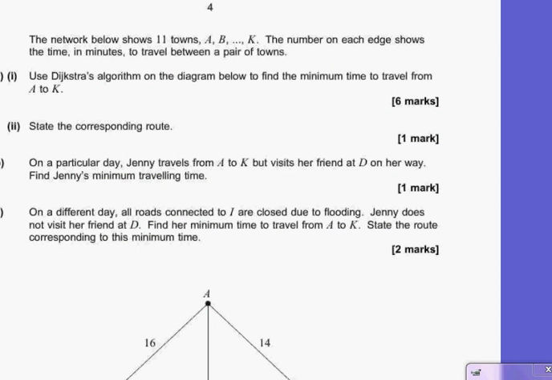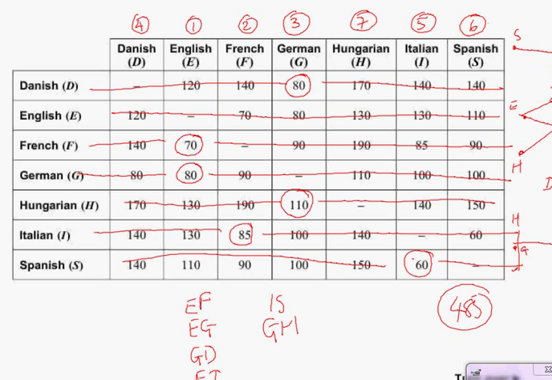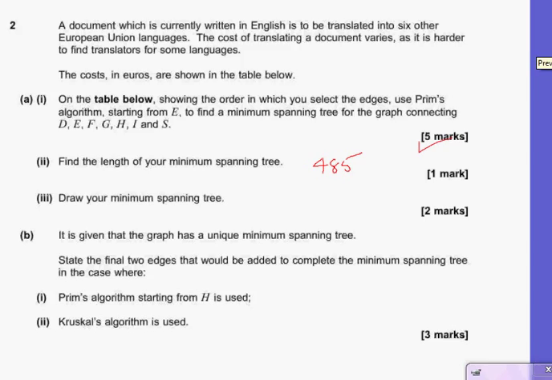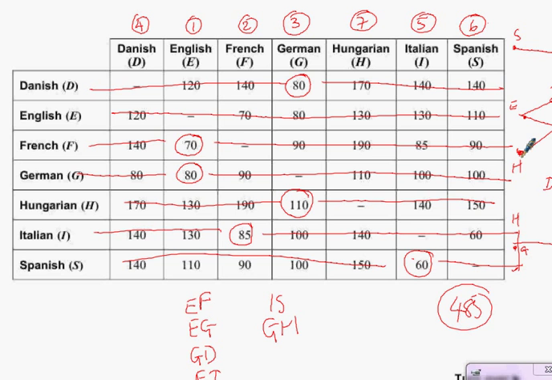Go back to the question. It is given that the graph has a unique minimum spanning tree. State the 2 edges that would be able to complete the minimum spanning tree in the case where Prim's started from H, or Kruskal's. So Prim starting from H, you would start here. And so Prim's means that you would add on to H all the way.